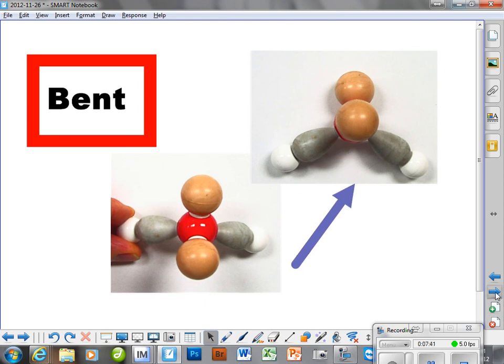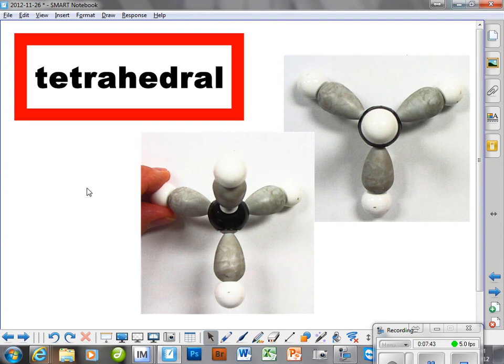And as we go on, our tetrahedral is looking like this. And with the tetrahedron, you have the same shape no matter how you set it down on the table. And if you're looking straight down from the top, you'll see it look like this. And here are your hydrogens, here, here, here, and here. And then you've got in the center, which you can only see here, the actual carbon atom.